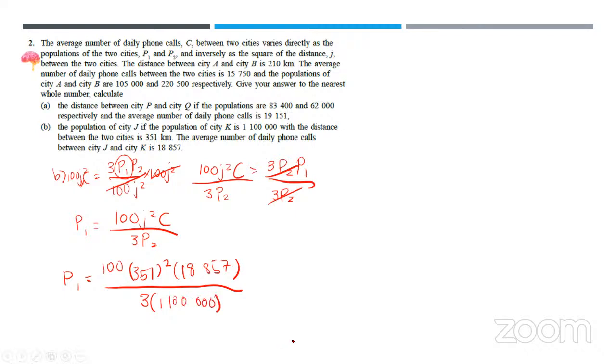Okay, so now you just gotta do the maths real quick for that one. Times 18,857. Okay, it's a big number, so it's 2.32 times 10 to the power of 11 divided by 3 times 1,100,000.